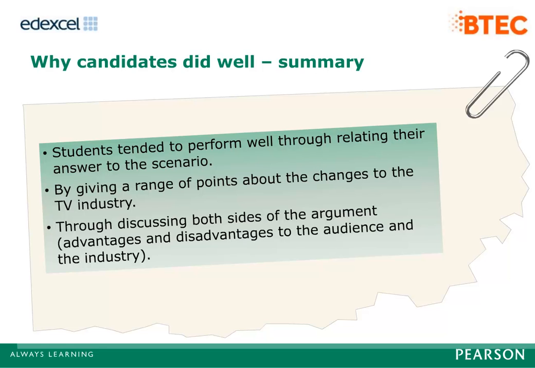The stronger learners were able to look at both sides of the argument, giving, for example, both disadvantages to the audience, that the smaller producers may not be able to make programs of comparable quality, with the advantages, that there will be greater choice for the consumer. Better answers made points in greater depth than those that were restricted to the lower two mark bands.